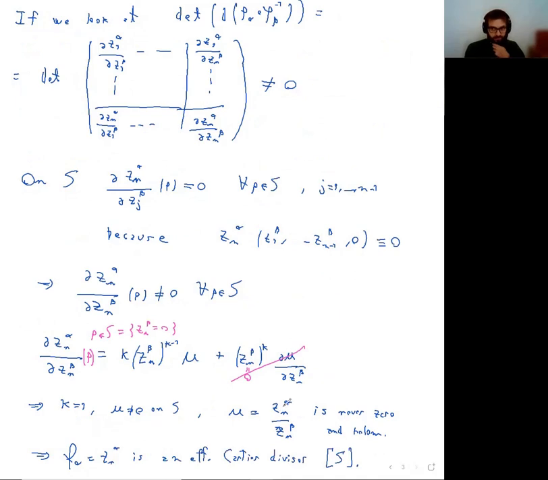Zn alpha is defined on u alpha, Zn beta is defined on u beta, but when you look at this ratio on the intersection, it is never 0 and holomorphic, so it defines an effective Cartier divisor.